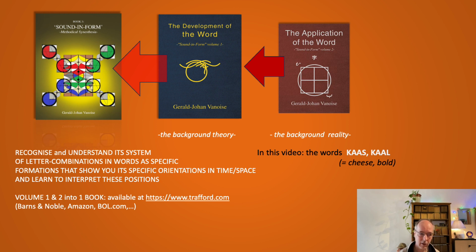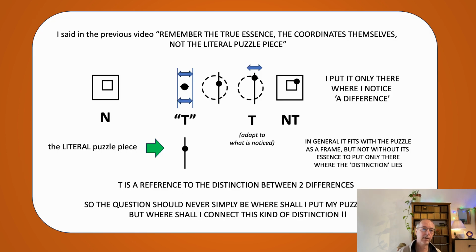What is the essence of distinction? If you have a good idea of the distinction, you know how to break the elements down into several parts. So I already said in the previous video, just remember the true essence of letters.